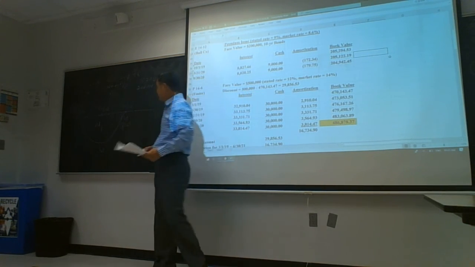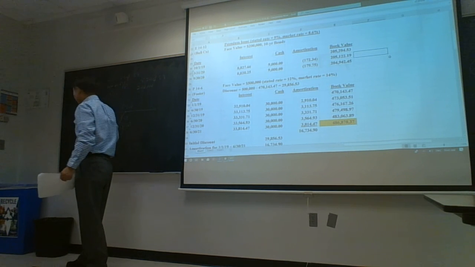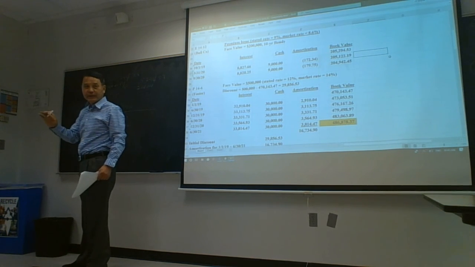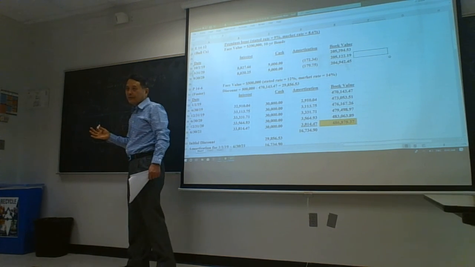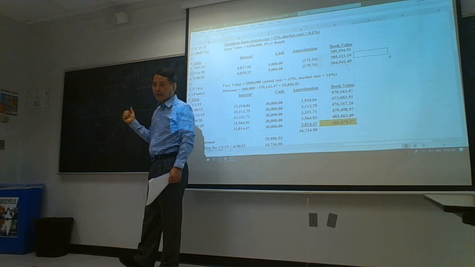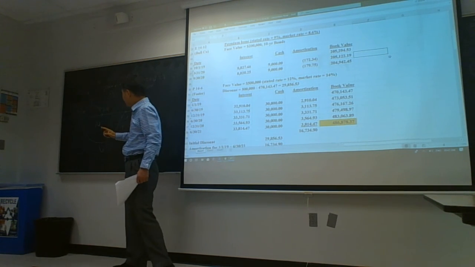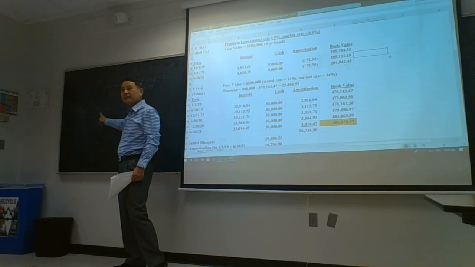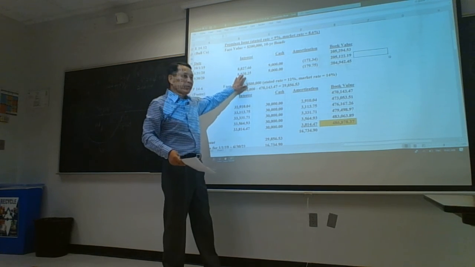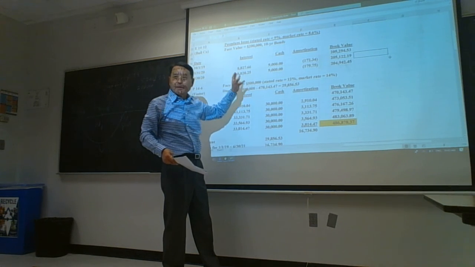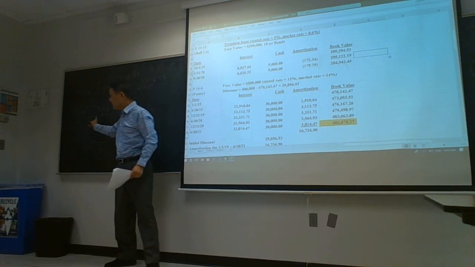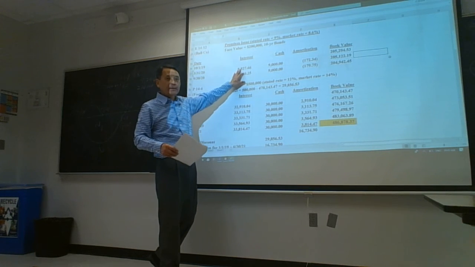From October to December is 3 months. So we have to figure out 3 months of accrued interest for October through December, and we call that an adjusting entry on December 31st. These are for 6 months, so for 3 months we need half of this.